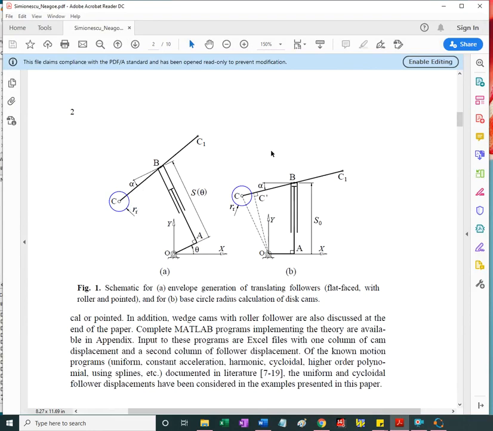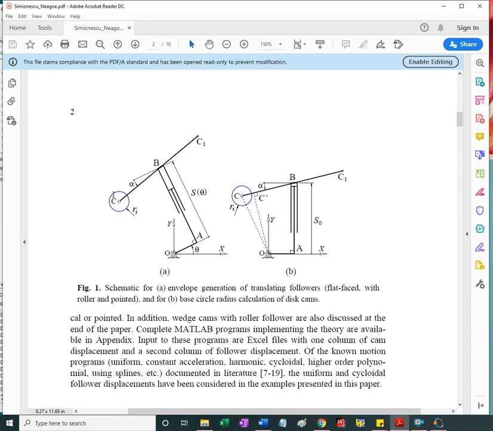But again, just to limit the number of pages, I had them combined. So if it says flat face follower, you just make the roller radius 0. And of course, you're going to reduce.